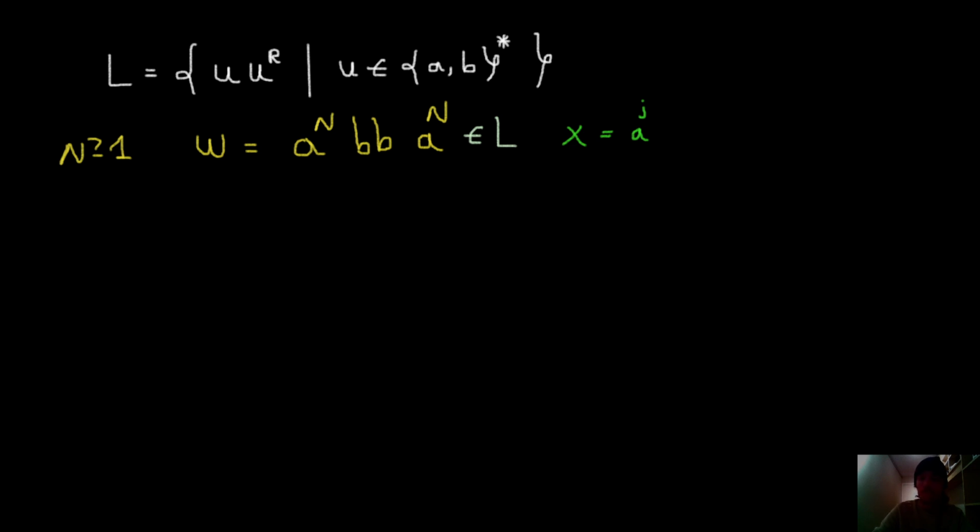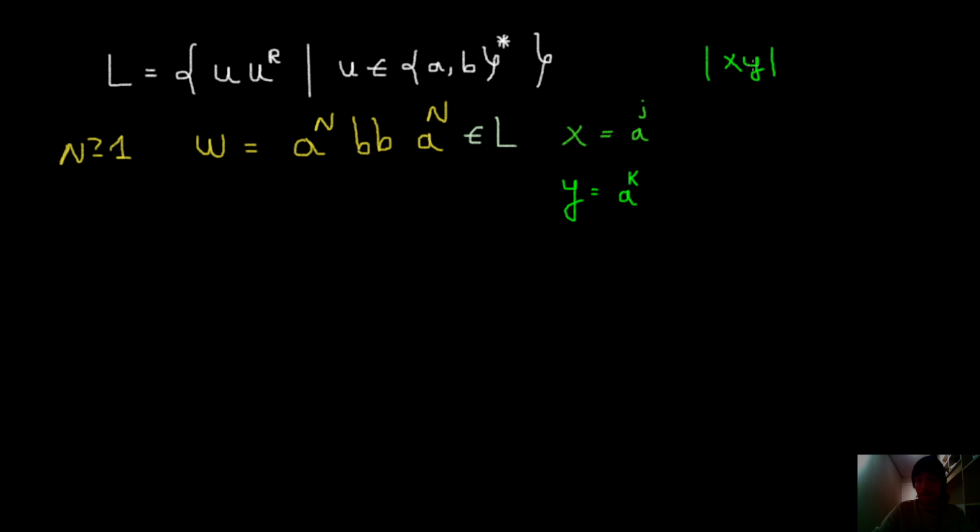So we'll take the value of x to be this one in this demonstration, and also we'll take the subword y to be a raised to this value k. Okay, so also remember the conditions under the pumping lemma.